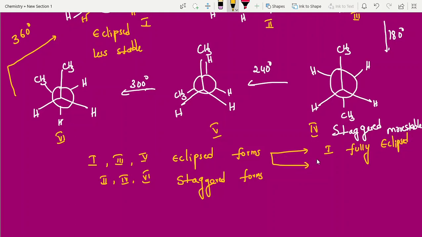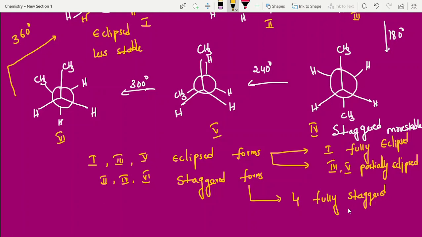What will you write? 3, 5. Partially eclipsed. Next, here staggered. What will you write here? The fourth one is fully staggered. Fully staggered is more stable.